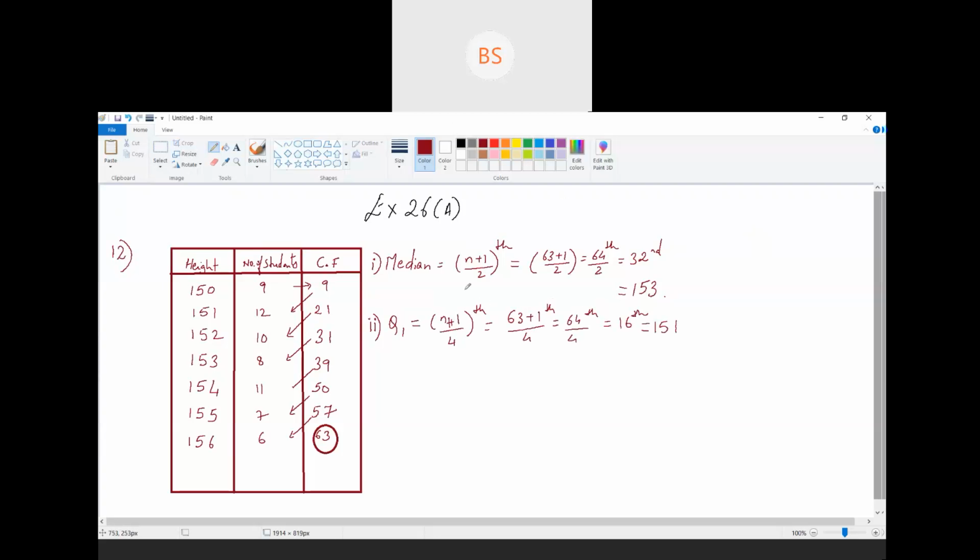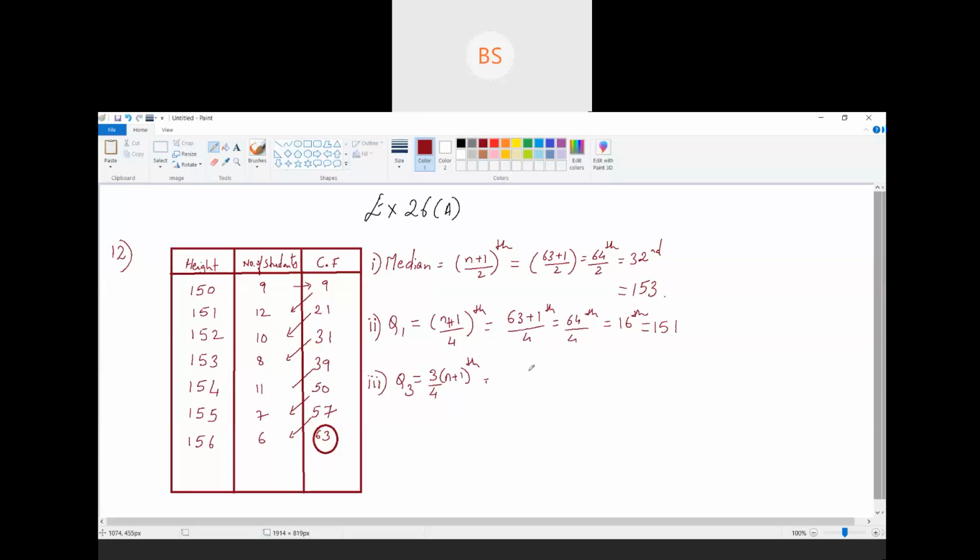Then we have upper quartile, Q3. So upper quartile is given by 3 by 4 into n plus 1 term.